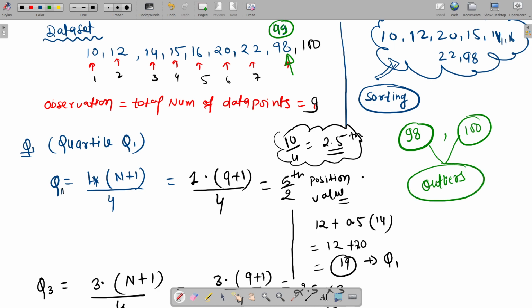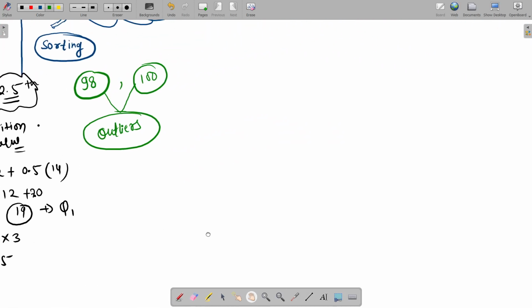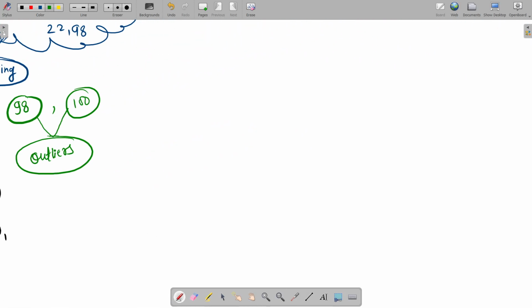Okay, so this is the way we calculate outliers mathematically. I'm summarizing it all, so just focus here. First we calculate Q1, then Q3. Once we have Q1 and Q3, we calculate the IQR. IQR is the difference of Q3 and Q1. Q3 means quartile 3 and Q1 quartile 1.